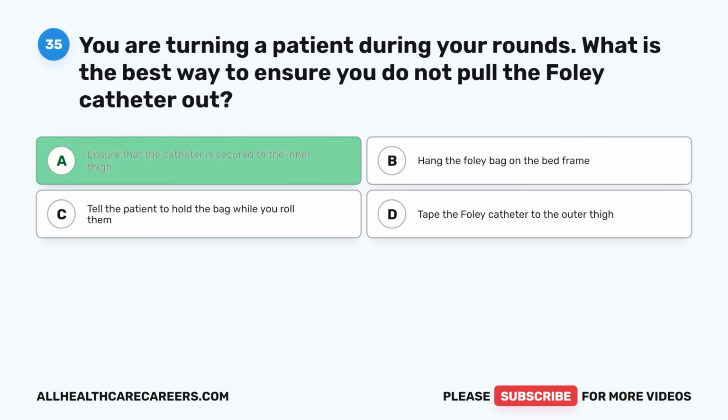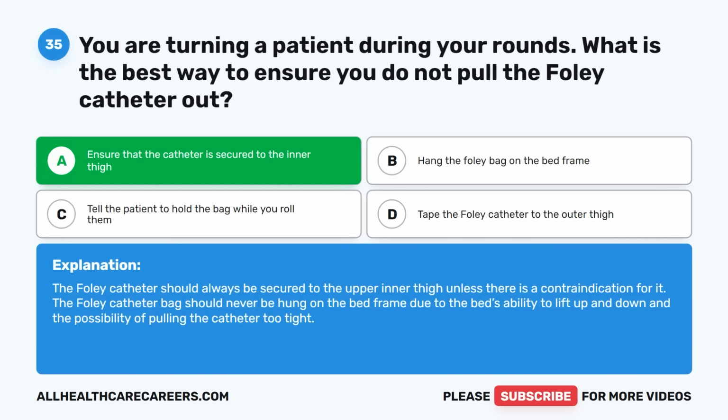The correct answer is A. Ensure that the catheter is secured to the inner thigh. The Foley catheter should always be secured to the upper inner thigh unless there is a contraindication for it. The Foley catheter bag should never be hung on the bed frame due to the bed's ability to lift up and down and the possibility of pulling the catheter too tight.